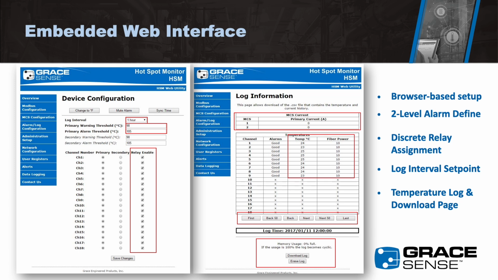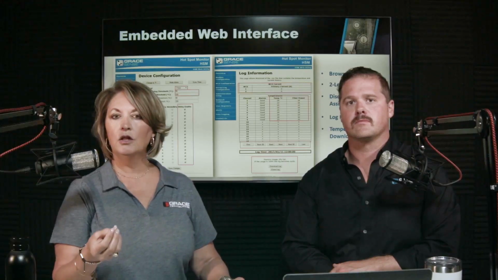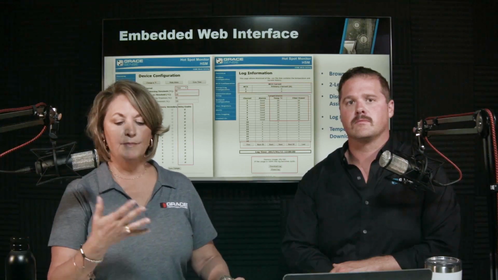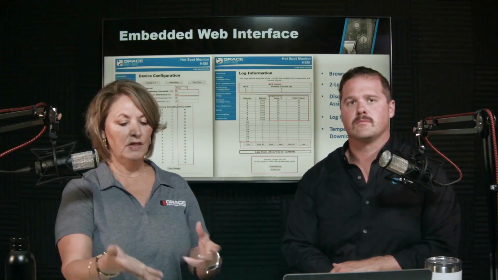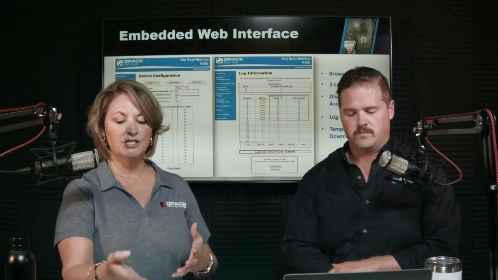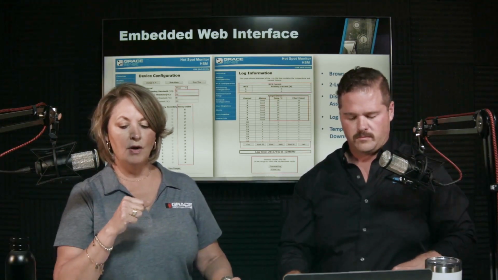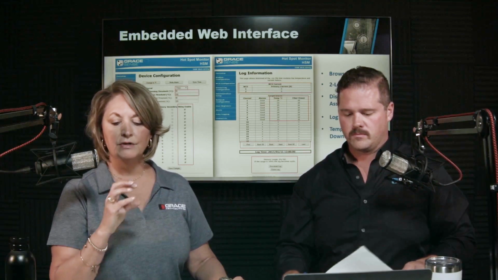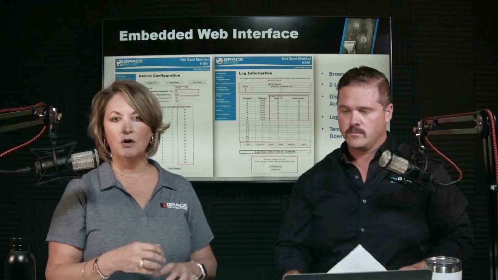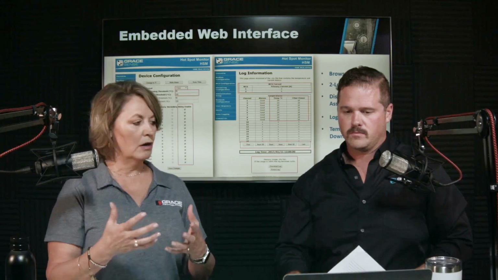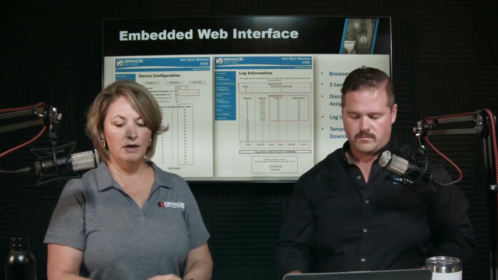So it's 90 and 105 as the high and the high-high alarms. Those can be modified. That's up to you. The internal relay can close or not, depending on your selection of the radio button. And then this is where you get your log information, and so put your logging set points where you download it, and it's all browser based. So there's no software associated with it at all.